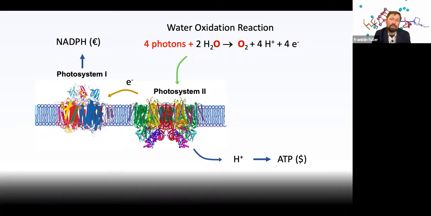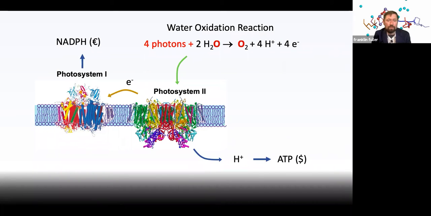So the cash of the cell in this case is the hydrogen ions are converted to what's called ATP, which I think is a more famous molecule. And so we can call that the dollar bill of the cell in terms of transporting chemical energy. And then the electrons, they go on the other side of the membrane, and those end up over towards photosystem I, where we form a molecule called NADPH.